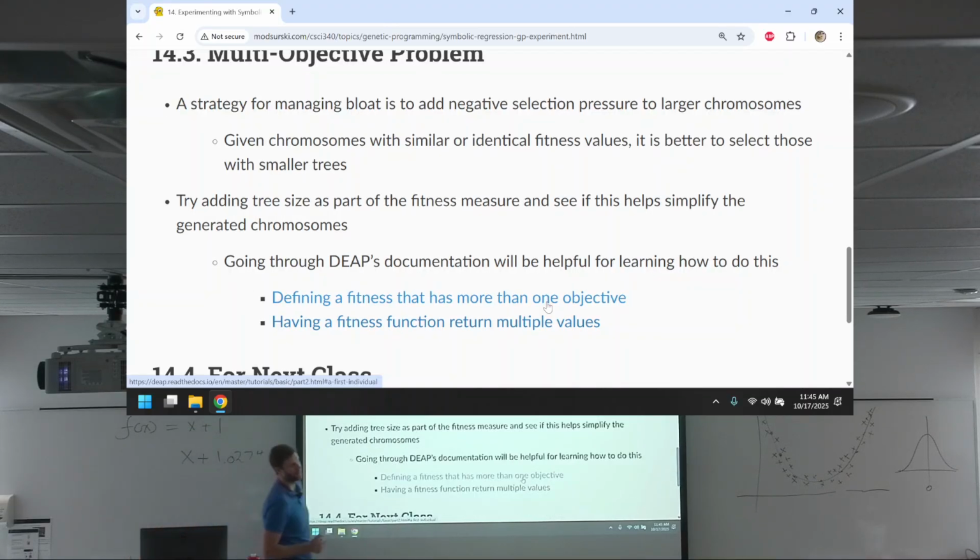I did talk a little bit before about multi-objective problems. Sometimes you've got a problem where there's two things we want to optimize. One of the classic fun examples is factory output while minimizing worker death, right?